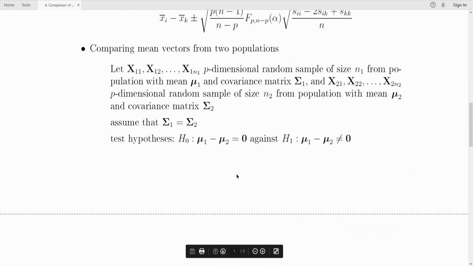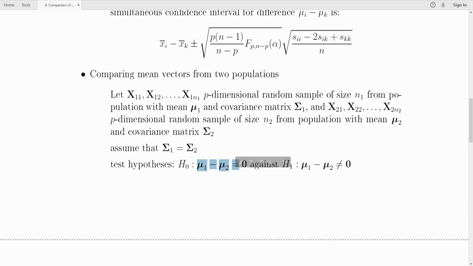So this is a nice way to test the difference of the two vectors. Obviously, there are more ways to do that, like MANOVA or similar, that we're not covering in this course. If you're interested, you can look it up.